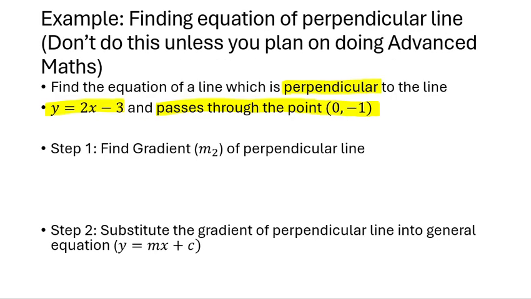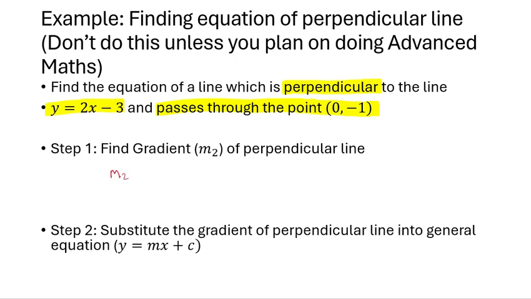Let's move on to perpendicular lines. Very similar vibe to the one from earlier. The only thing you have to do is technically one extra step, which is finding the gradient of the perpendicular line. Other than that, everything else is exactly the same. So find the gradient m2 of the perpendicular line.